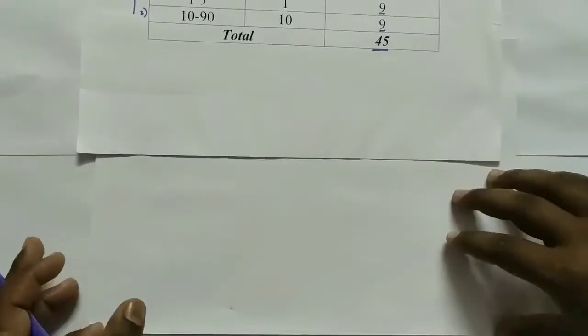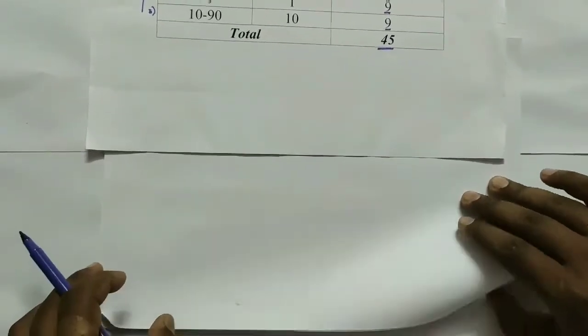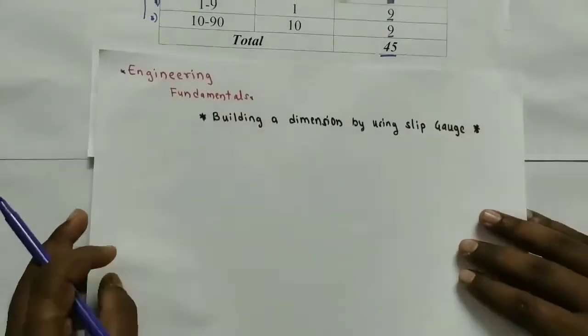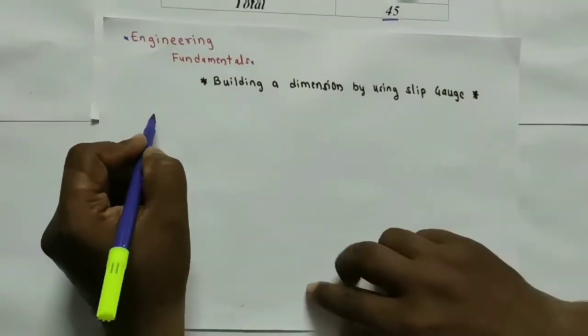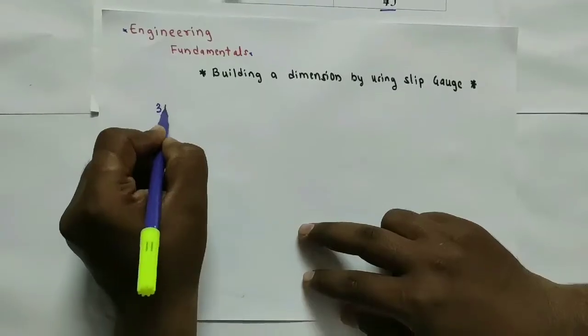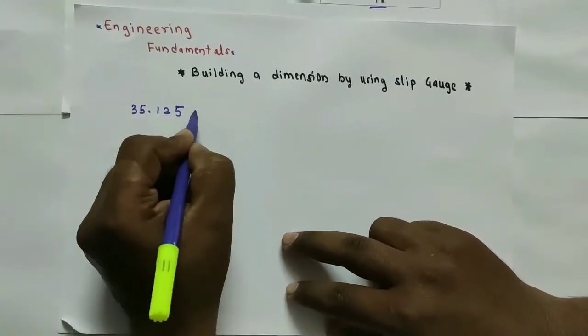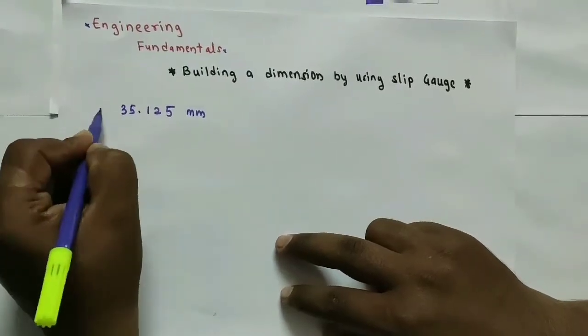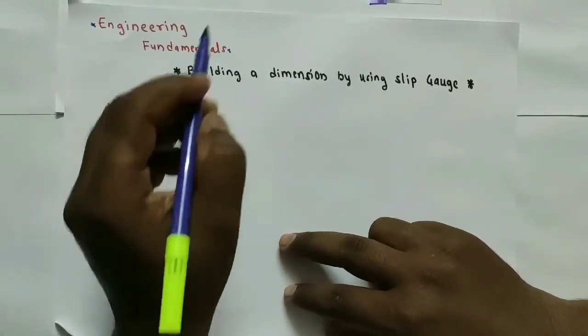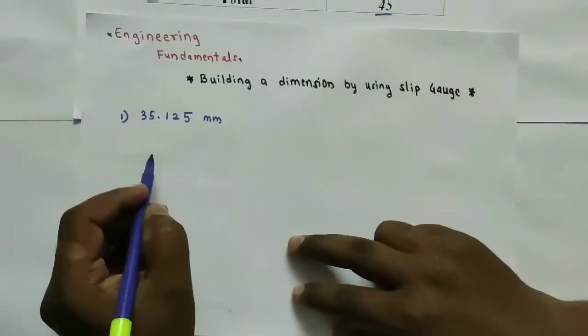I am keeping that at one side. We will take one example as 35.125 mm. We want to build that dimension by using this normal set of slip gauges.